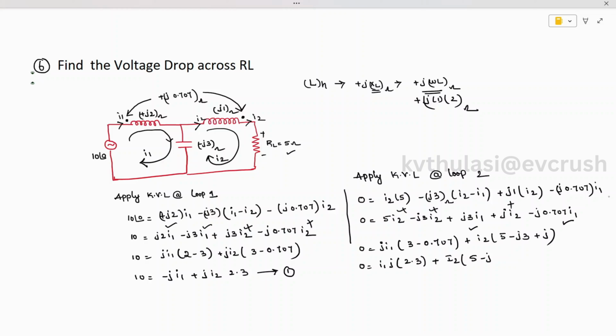Plus J3 plus J you are going to get minus J2. So this will be our equation number 2.